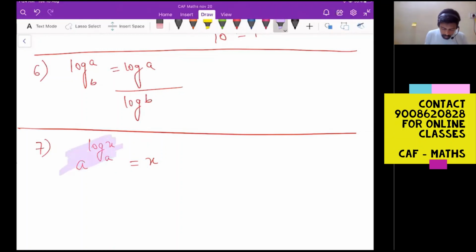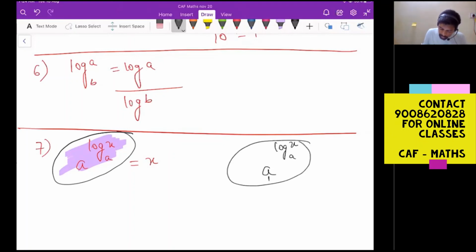Whenever we have an exponential number, a to the power log of x to the base a, here the base is a, correct?